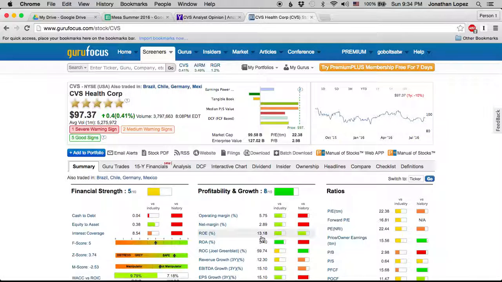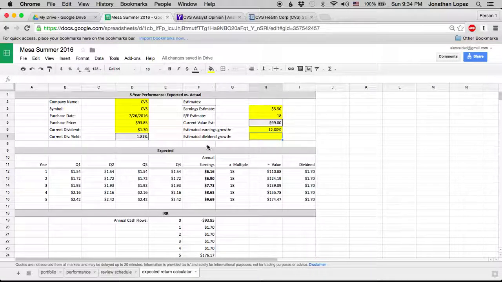If I take 13.18 times 1 minus 0.36, that gives me 8.43%. So sustainable dividend growth rate is 8.43. Historically, their dividend growth rate has been north of 20. So I just need to estimate what I think the dividend growth will be going forward. Let's say I'm conservative and I say 10%.